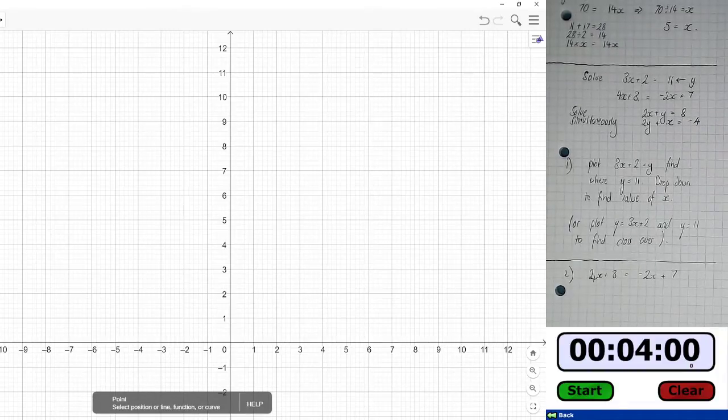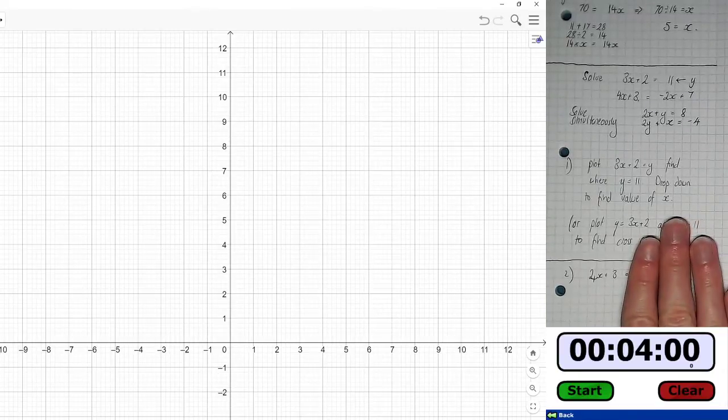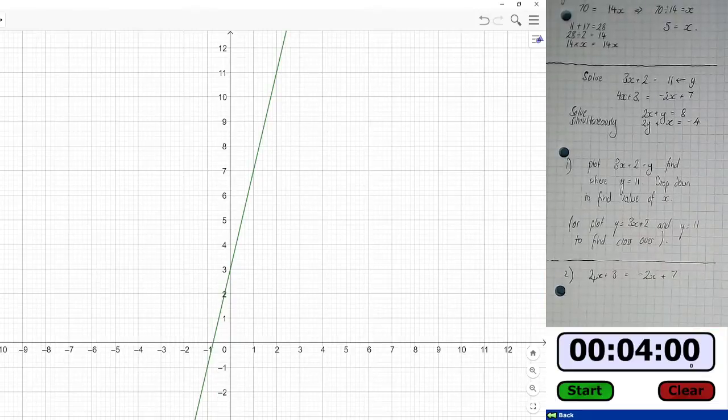So we've got one side of our equals sign, which says 4x plus 3. Like that. So this line here has a gradient of 1, 2, 3, 4. It intersects the y-axis at 3.